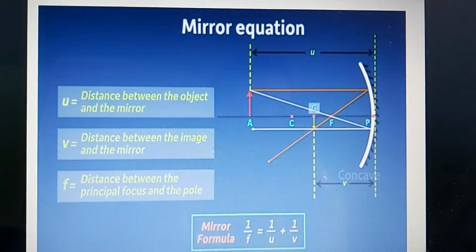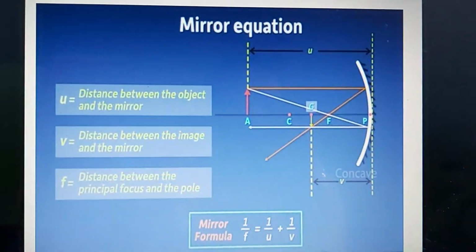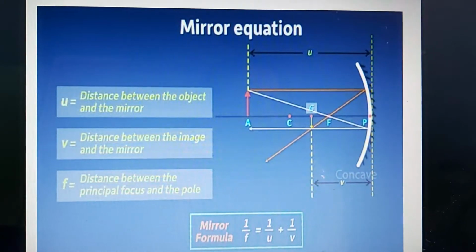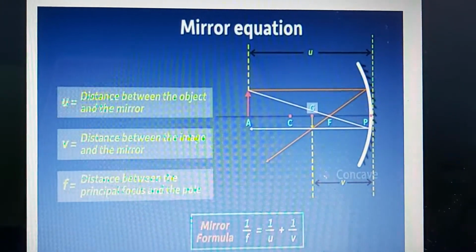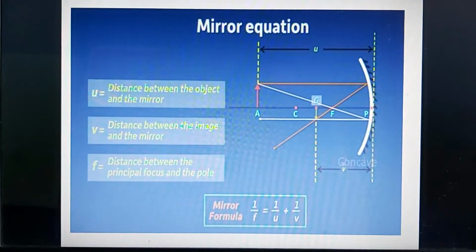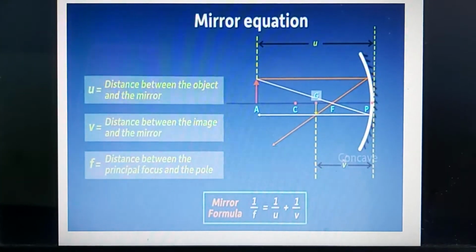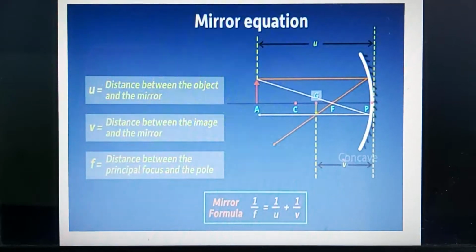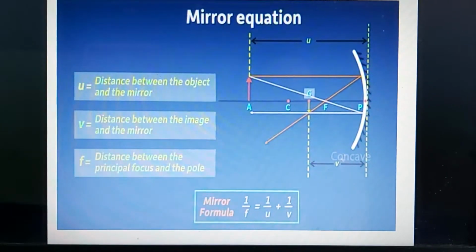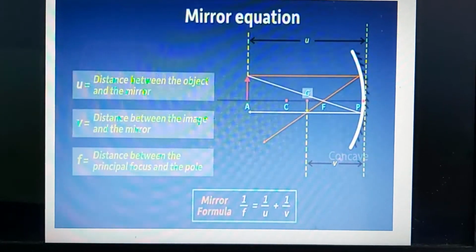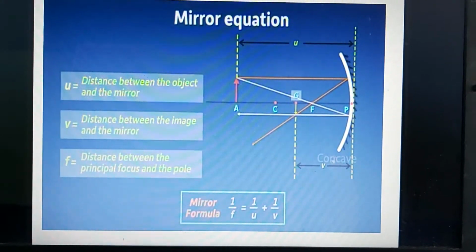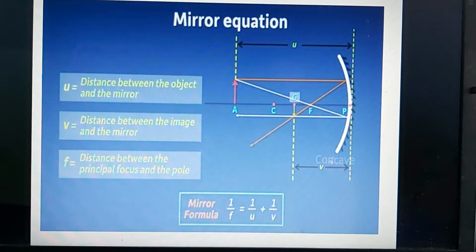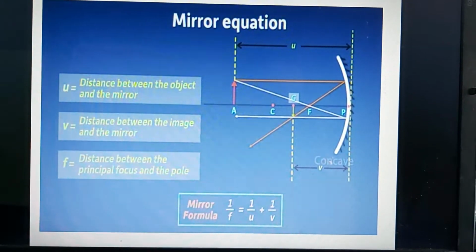The equation does not depend on the position of the object from the mirror, so it is the same for any position of the object. What if, instead of a concave mirror, we had a convex mirror? Again, the formula wouldn't change. This formula is true for all types of spherical mirrors, concave as well as convex.